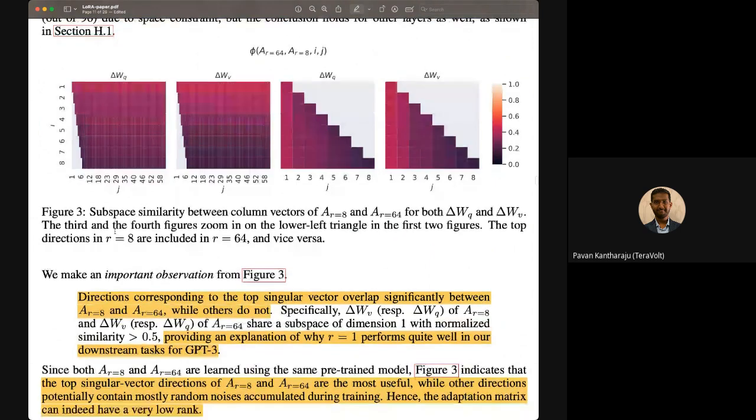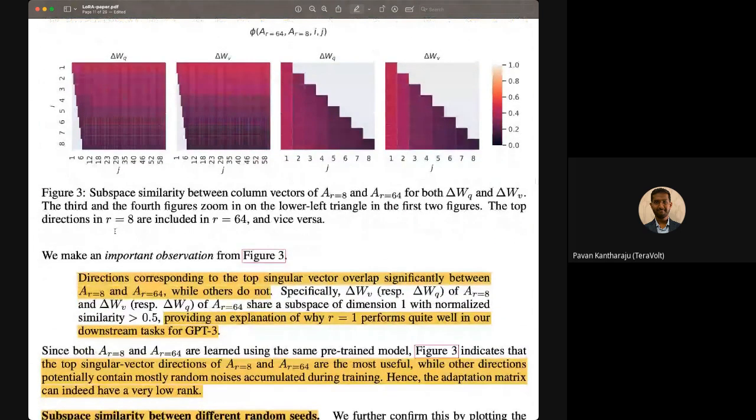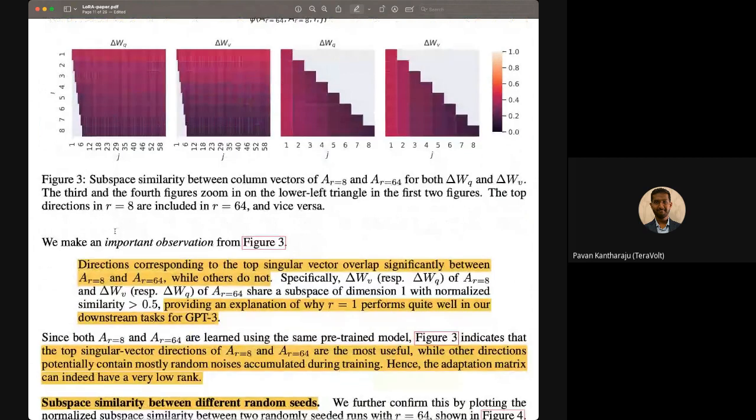So that essentially can provide an explanation as to why R equals 1 performs quite well, because from my understanding, R equals 1 is essentially where you have the most overlap.